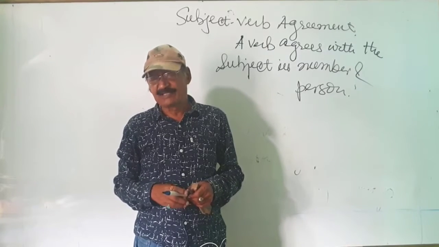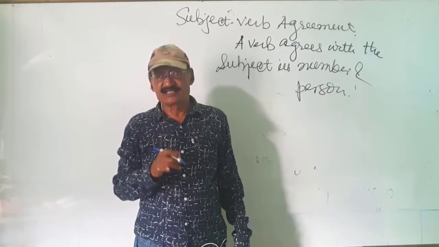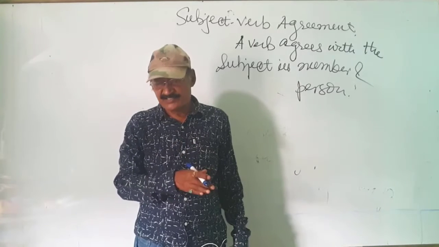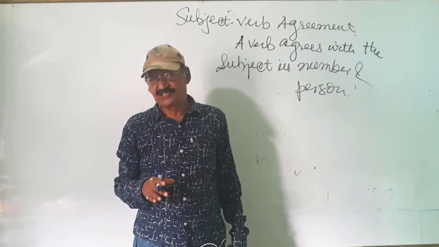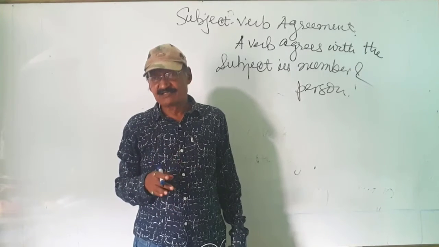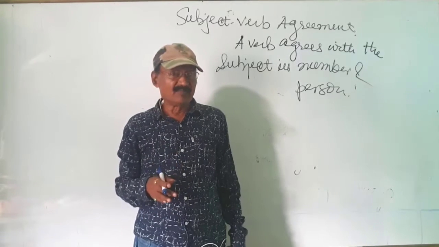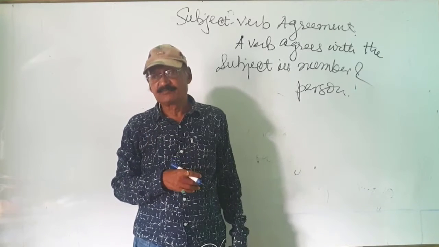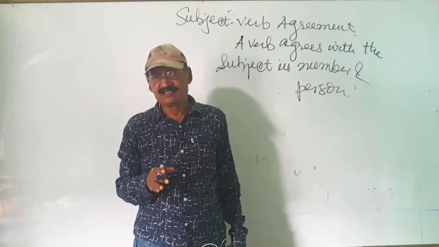And you will also tell me there are three persons in English grammar: first person, second person and third person. First person, singular number is I, plural number is we.